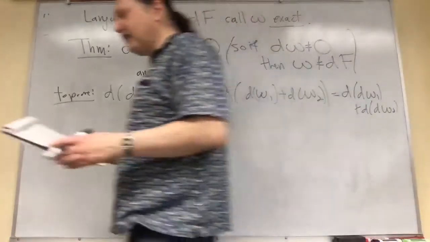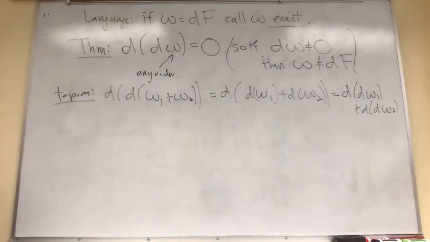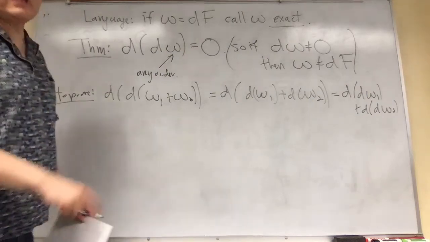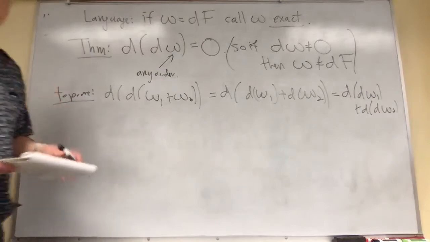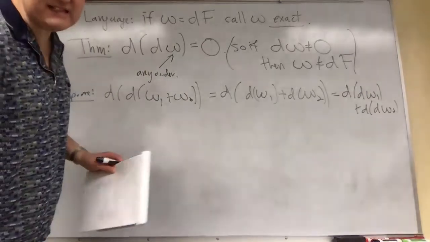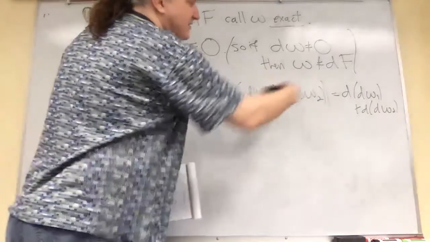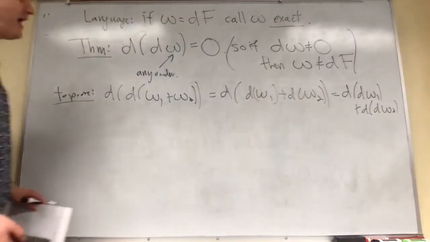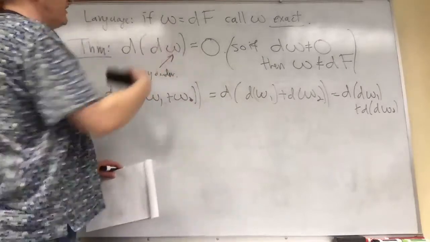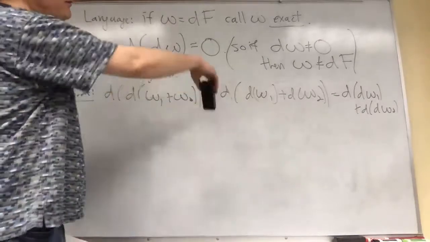That's not shocking. Because of that, it's good enough to do this just with one term. It's not necessary. It could be that things cancel, but they don't. We will prove, I mean, if it's going to hold for all of them, then it should hold for any one term.